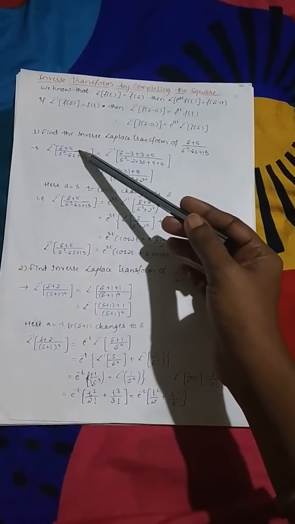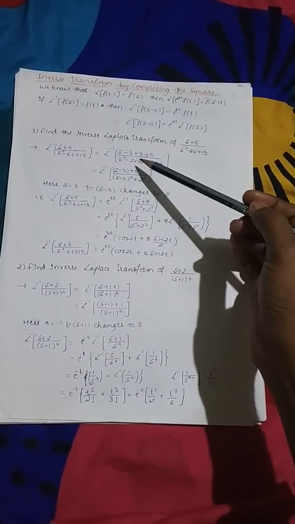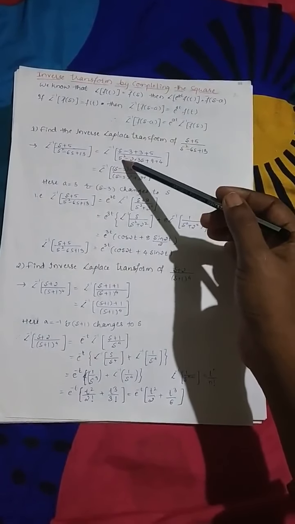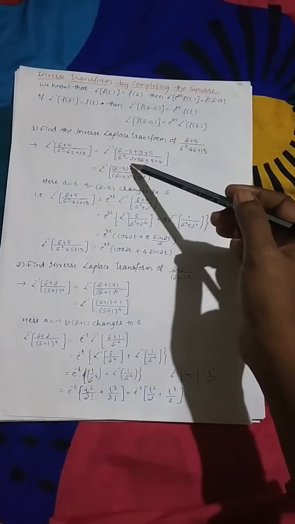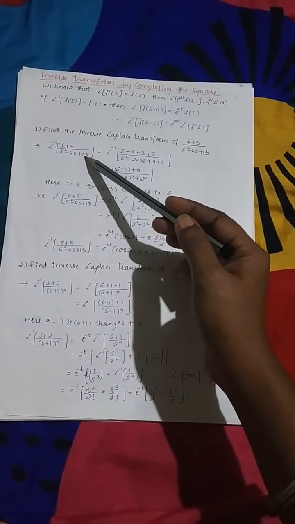L inverse of s plus 5 upon s square minus 6s plus 13. First let us see the denominator of the given function. The denominator is s square minus 6s plus 13.